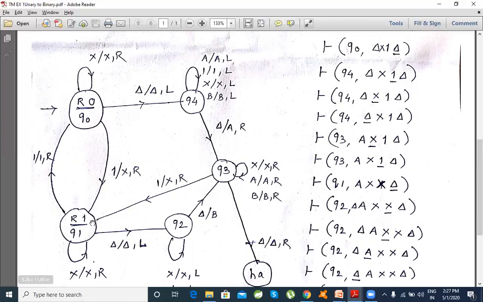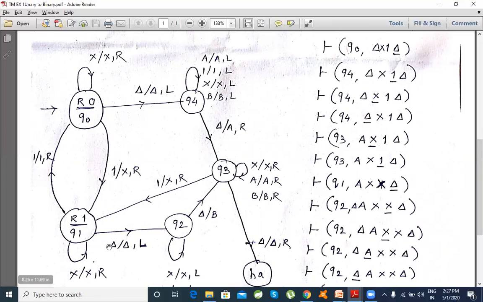So where we were, we reached this Q1, and now the condition is, being in Q1, I'm reading null. So all the input we have exhausted and we reach the rightmost null. Now being in Q1, I need to take the exit from this odd remainder state.